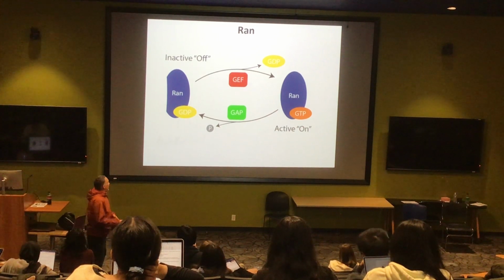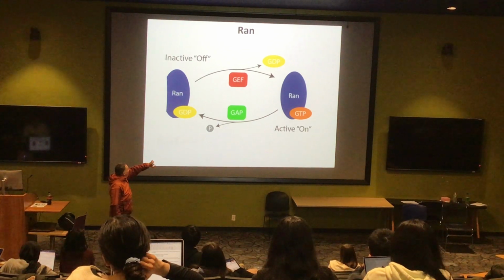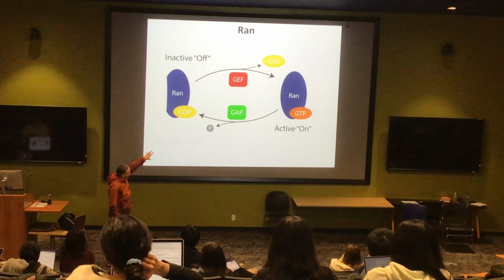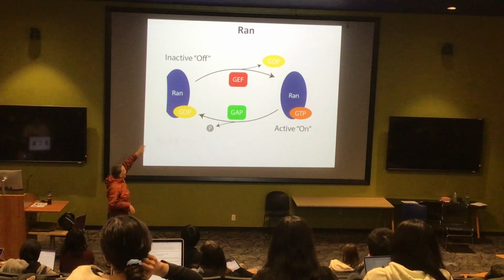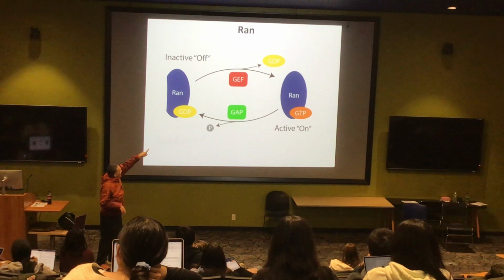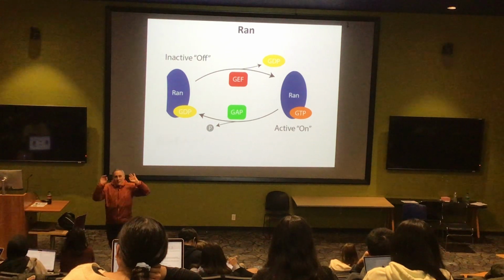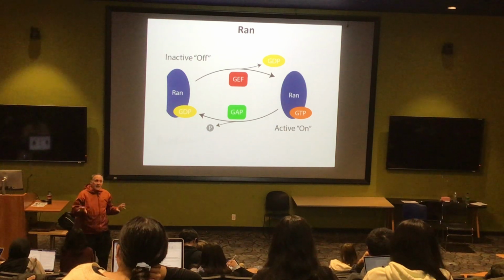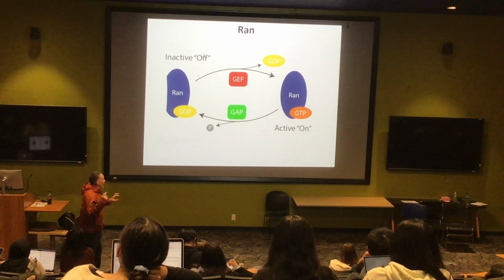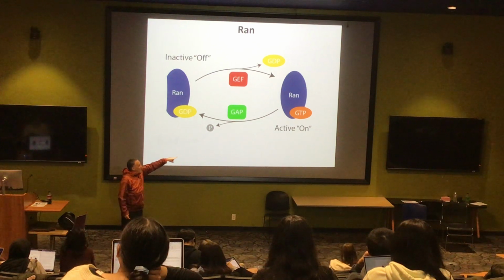It squeezes them until the GDP falls off, so it can be replaced by GTP. Let's wipe that up. The GEP protein, the one on the top I was making the point to, squeezes the GDP off so that a new GTP can bind. Okay, so we have a GEP enzyme, which is a non-classical enzyme. I apologize for thinking ahead. The GEP enzyme knocks the GDP off so that a new GTP can bind.